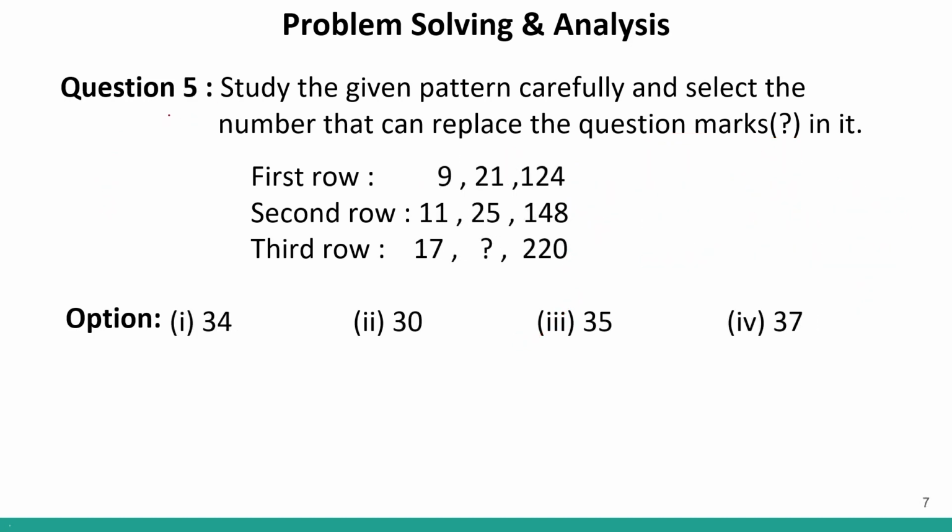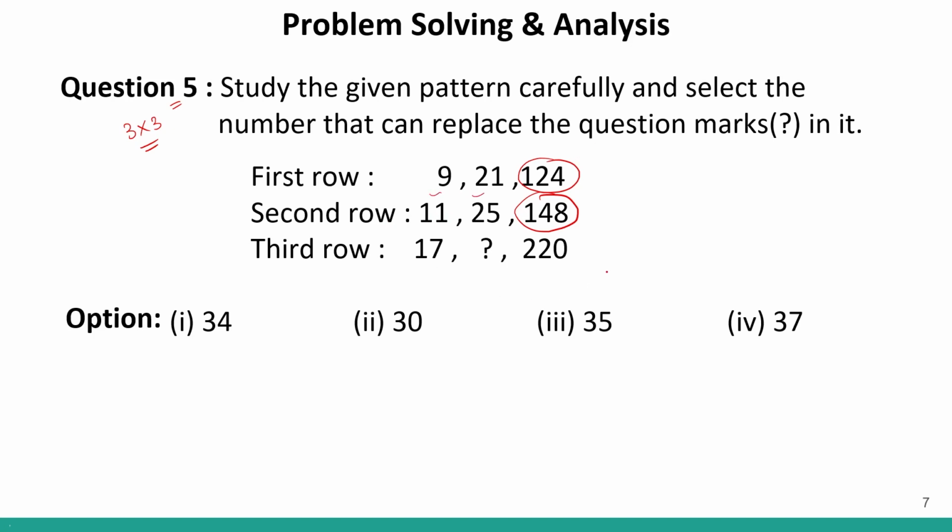Now let us look at question number 5. Over here again, this is a 3 into 3 type of grid. Now when I look at the first row, I can see that this number is significantly bigger than these numbers. Similarly, this number is significantly bigger than these two numbers, right?